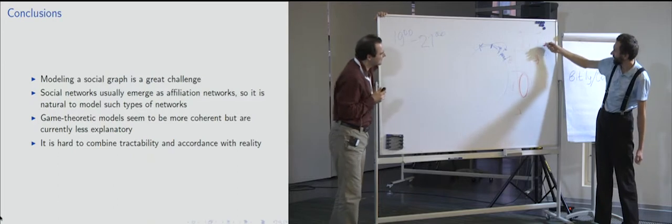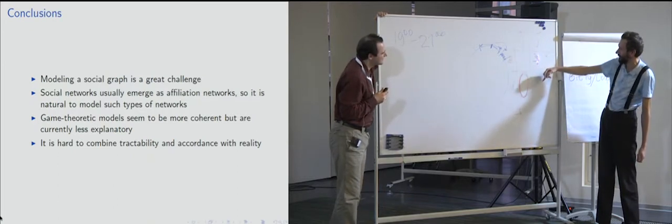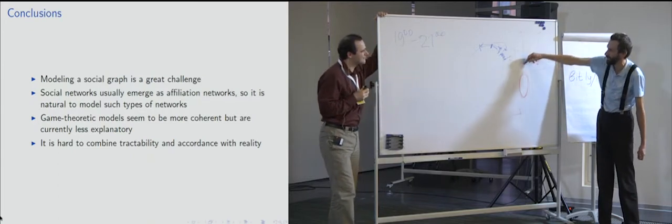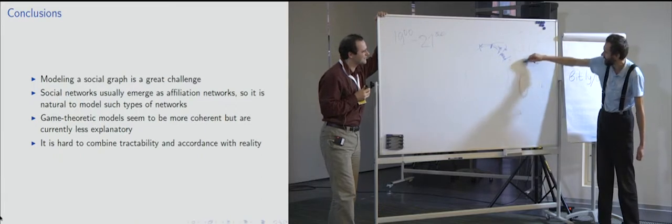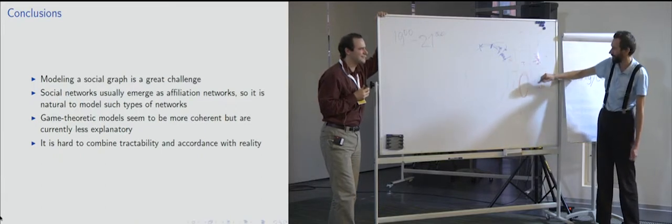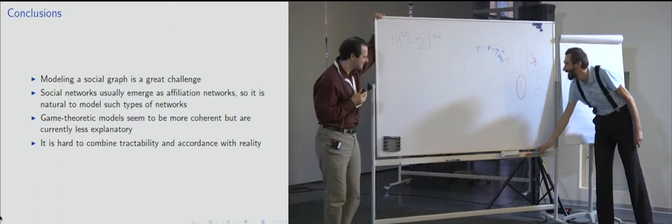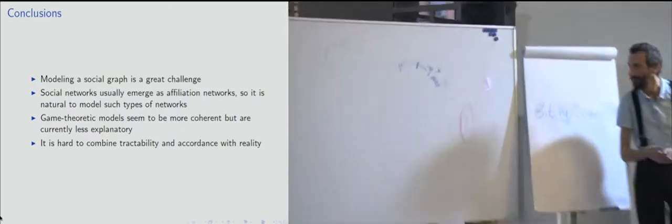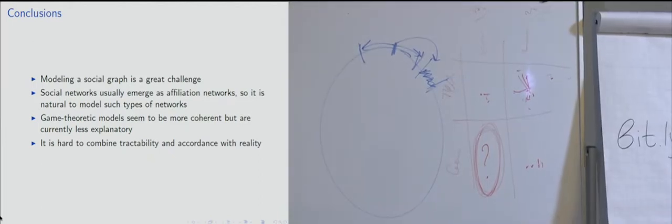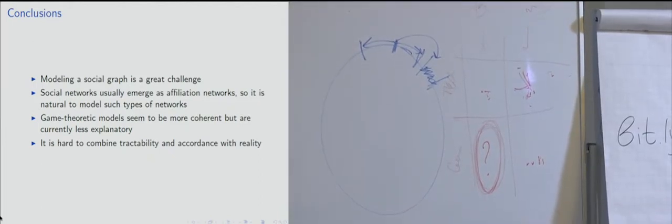And for the game-theoretic models without structure, there are lots of such models, and technical models, there are lots of such models. So here, here, and here, there are lots of models, and we look at this last part in this scheme. Thank you.